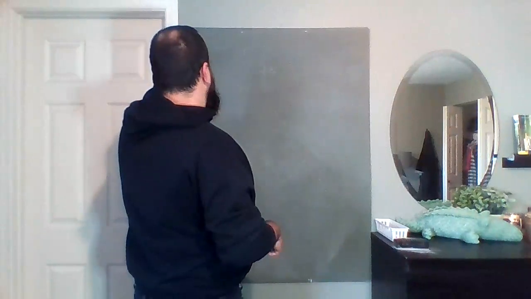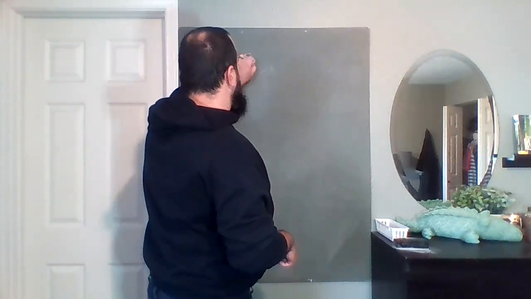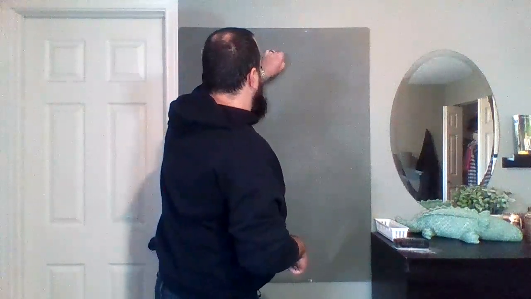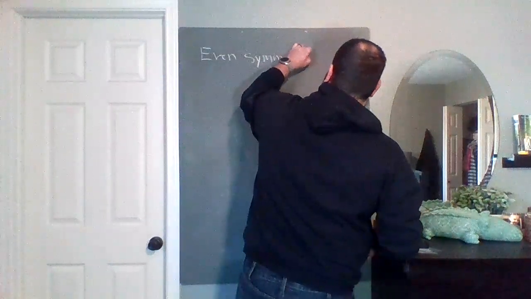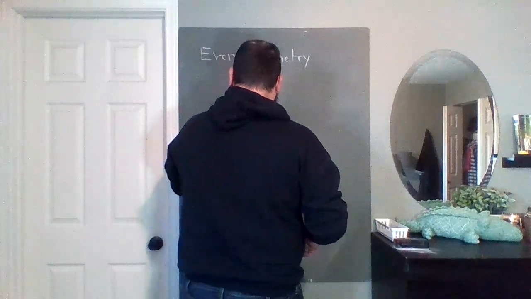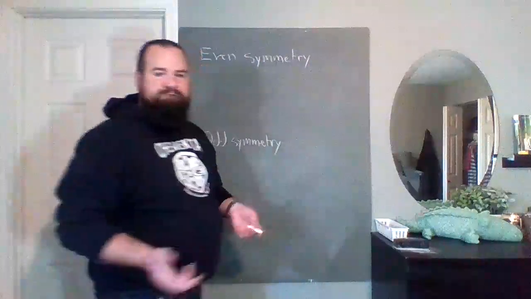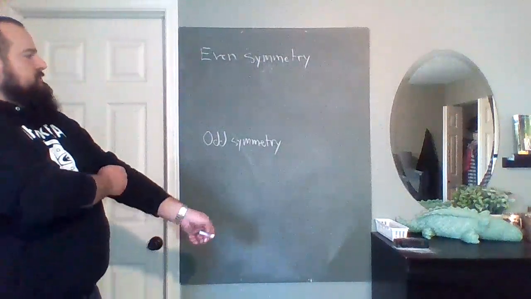Okay, so our two types of symmetry are even symmetry and, you guessed it, odd symmetry.